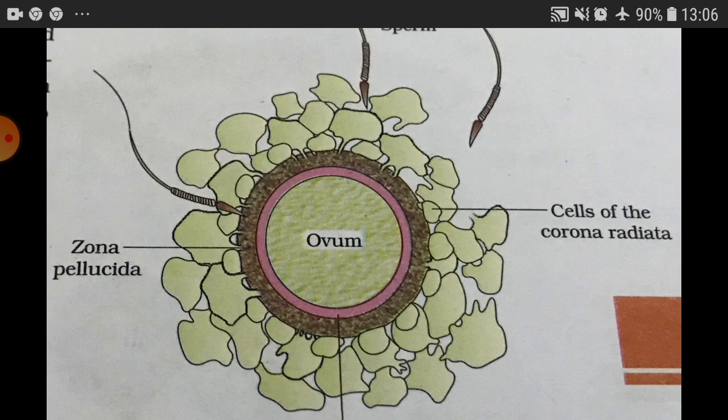Cytoplasm becomes rich in RNA, ATP, enzymes, and food materials. All this makes the ovum much larger than the somatic cells. So, is it clear to you? The different changes which occur for the differentiation of the spermatozoon and the ovum.